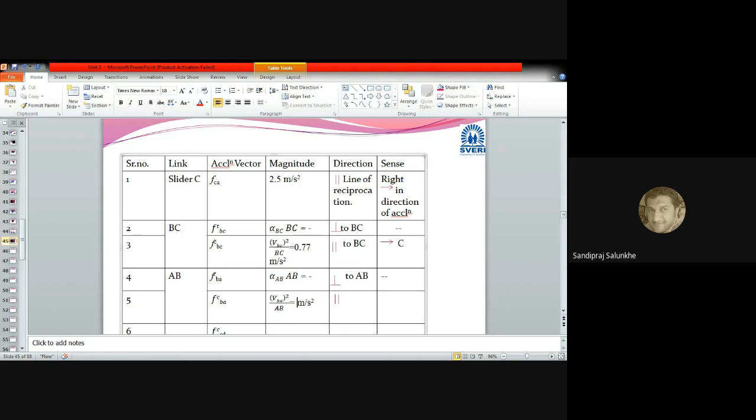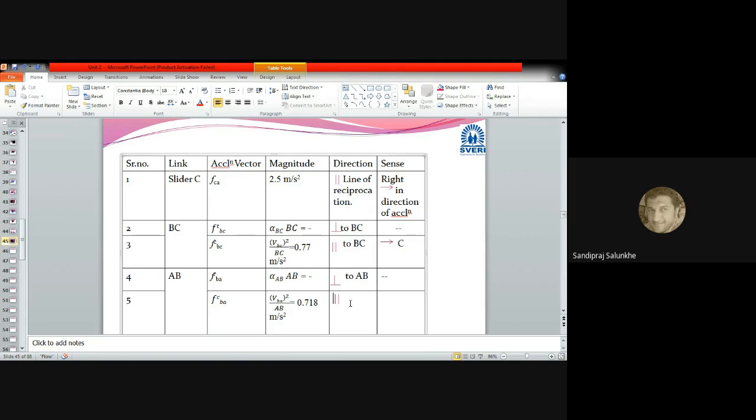So can you calculate it? Has anyone calculated it? 0.18 meter per second square.